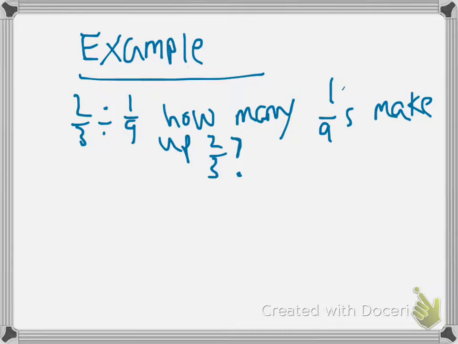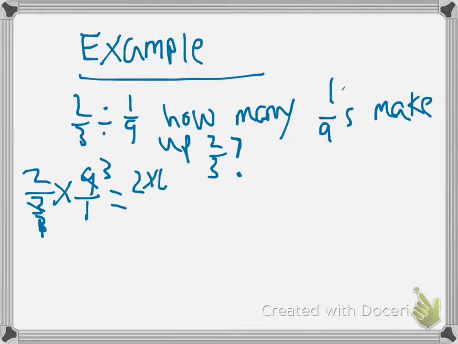Okay, so if you divide it, you get 2/3 multiplied by the reciprocal, 9 over 1, and if you cross multiply, you know that 3 goes into 3 once, it goes into 9 3 times, and so you get 2 times 3 over 1 times 1, which gives you 6 over 1. So 6 1/9 make up 2/3.